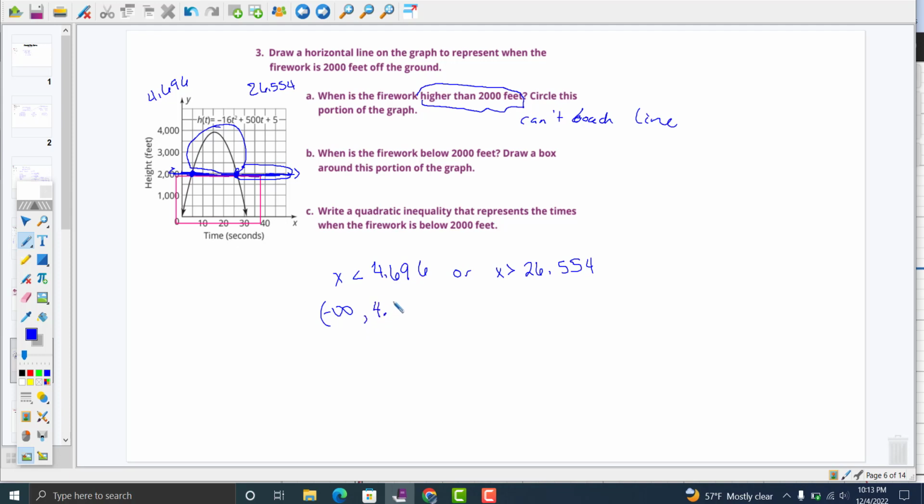And I go all the way up till I hit 4.696. And so I'm going to use a parenthesis here because I have no bar underneath, so it's not equal to. And then it's going to start here, so I'm looking at greater, so that means the number needs to be listed first, and then the infinity sign.